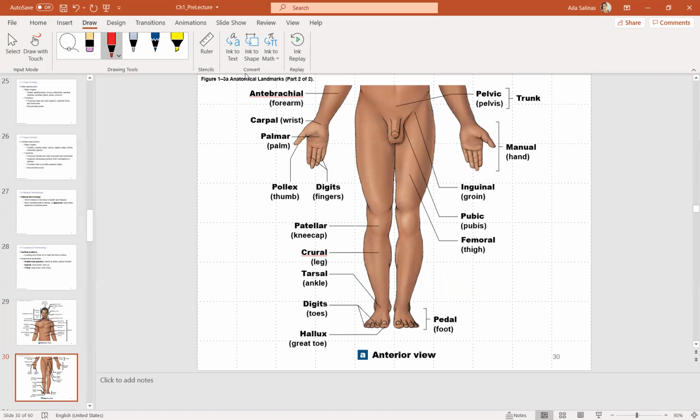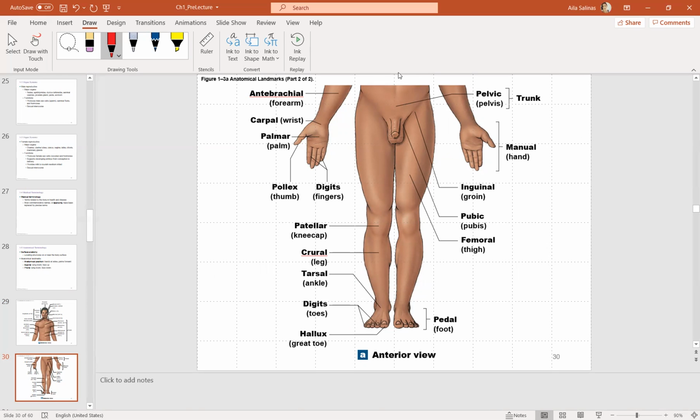Now we are still looking at the anterior view, but the lower body. Here we have still a portion of the trunk that's composed by the pelvic region or the pelvis. And we see our forearm is called the antebrachial region.